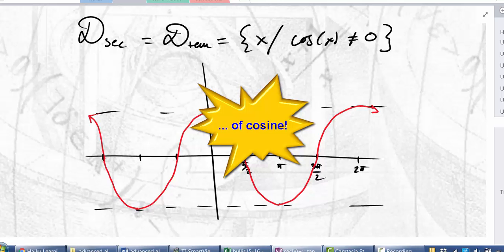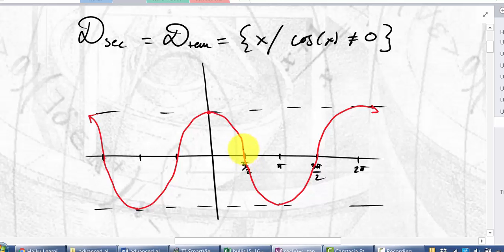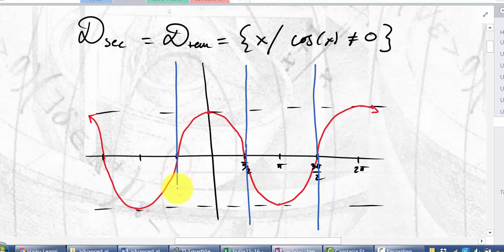So where's cosine x equal to 0? Well, we can see graphically at pi over 2, and therefore tangent and secant will not be defined at pi over 2. They will not be defined at 3 pi over 2 because cosine is equal to 0. They will not be defined at negative pi over 2 and negative 3 pi over 2. And of course it goes on and on and on, okay?